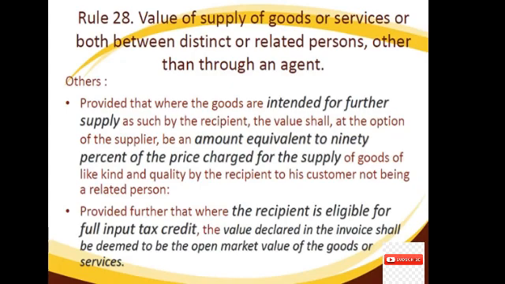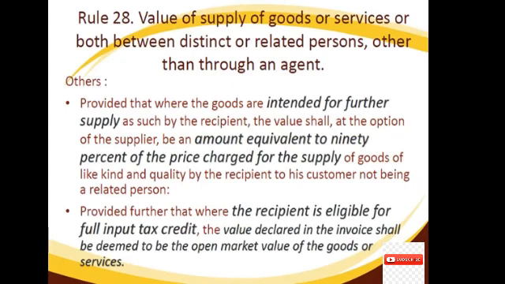And again, it has also been provided that when the goods being supplied are intended for further supply as such by the recipient, the value shall be, at the option of the supplier, the amount equivalent to 90% of the price charged for supply of goods of like kind and quality by the recipient to his unrelated customer.